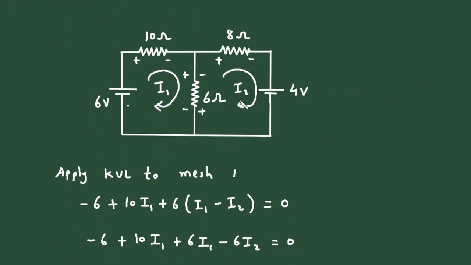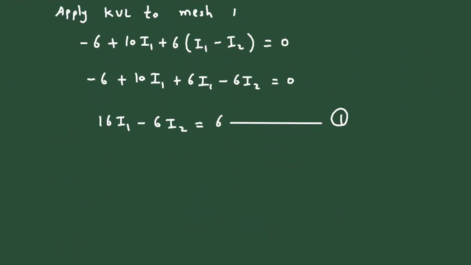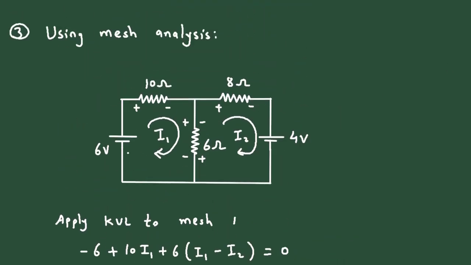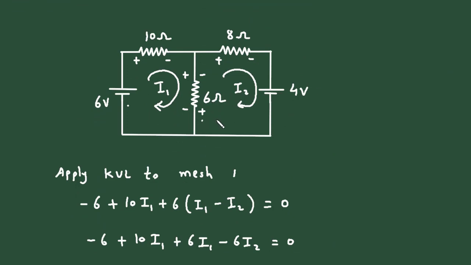Now apply KVL to mesh number 2. If we apply KVL to mesh 2, let's start from this point.